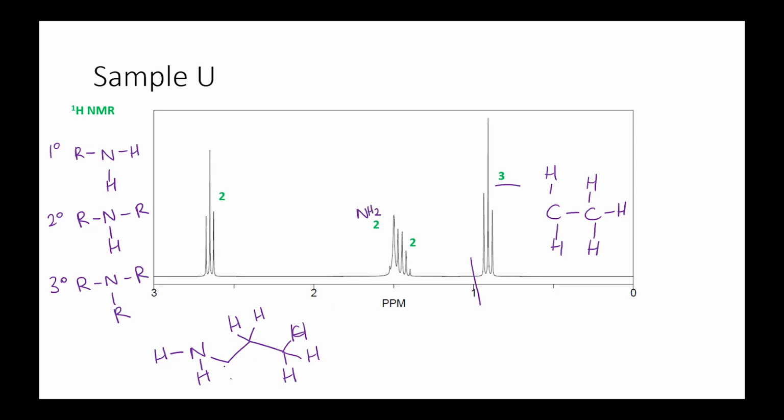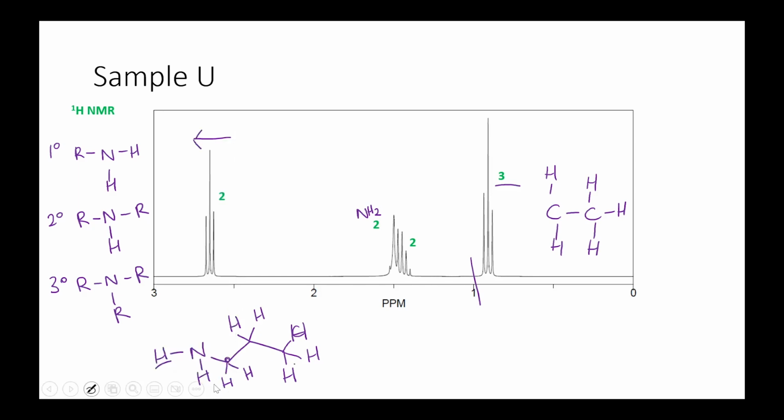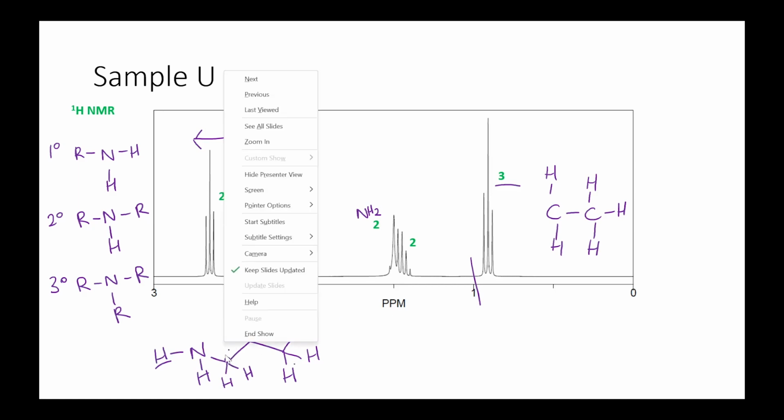The only thing left is that this carbon here is missing 2 protons. So before I had 5, 6, 7, so now we've got 9 protons. And this carbon here, because it's attached to the nitrogen, will be shifted downfield, the nitrogen being a more electronegative element. And because these 2 hydrogens here are acidic, they don't affect the splitting pattern of these 2 hydrogens at this carbon that's adjacent.